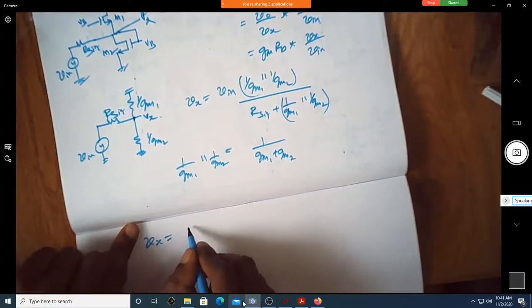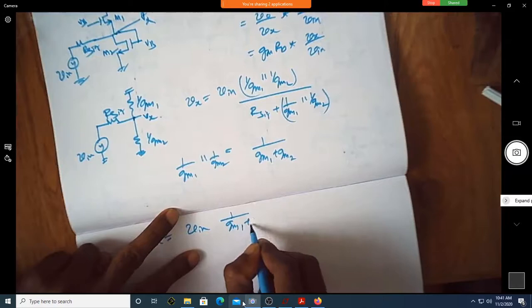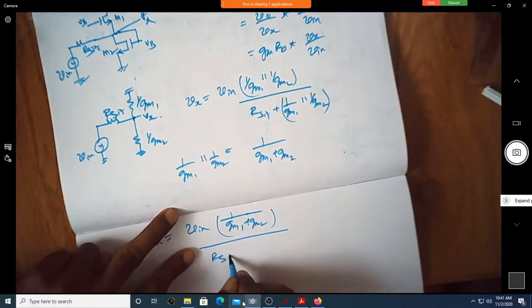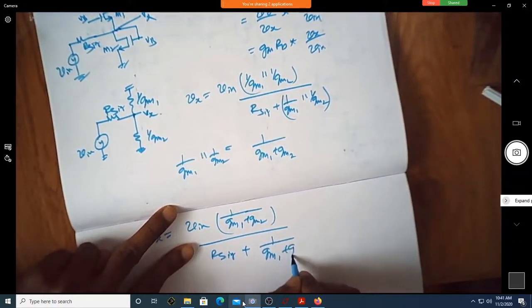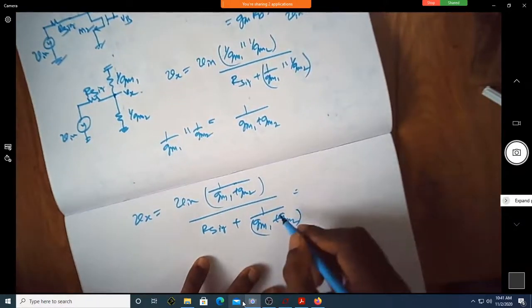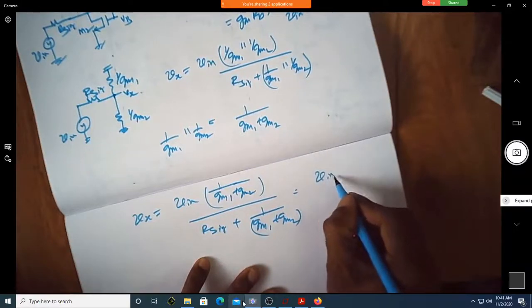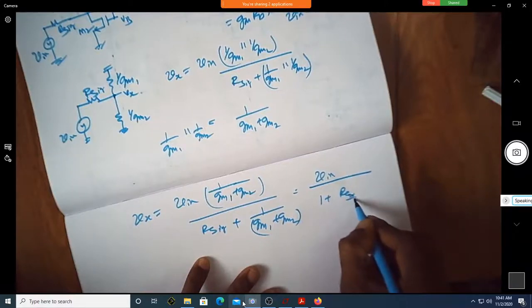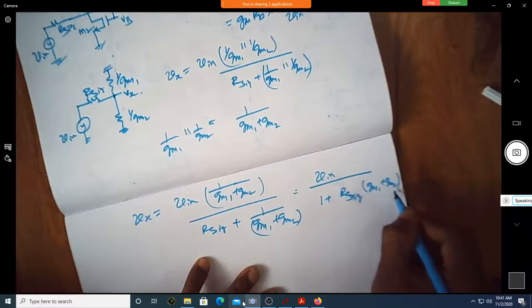Vx is equal to Vin. Shall I write it as 1 over gm1 plus gm2, divided by R signal plus 1 over gm1 plus gm2? I'll take the LCM. So it will now be Vin into 1 divided by 1 plus R signal into gm1 plus gm2, into gm1 plus gm2.